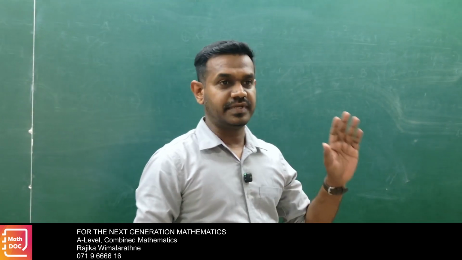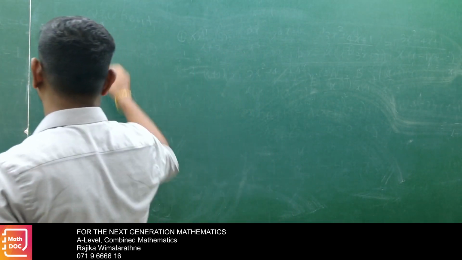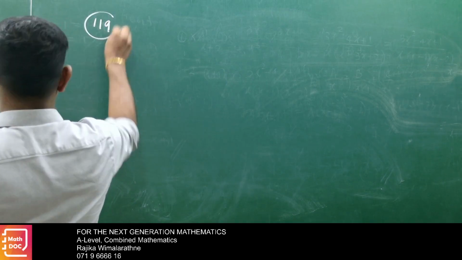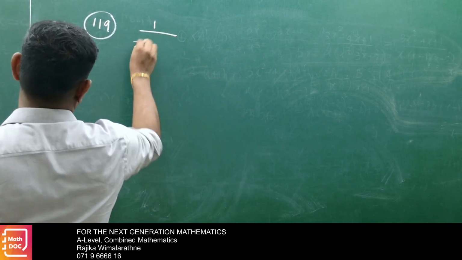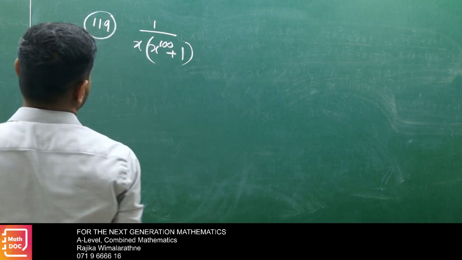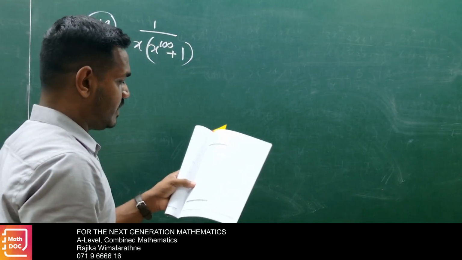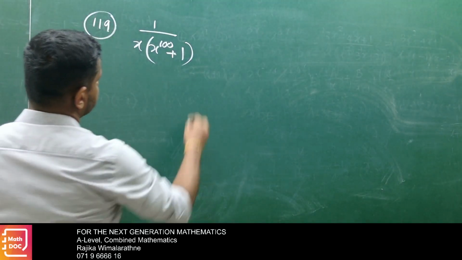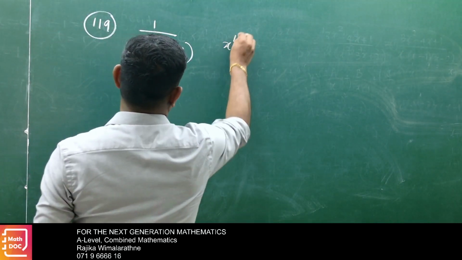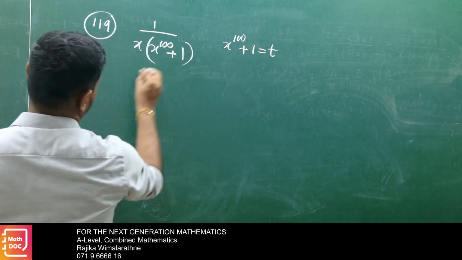Okay, by that experience, let's do another one. Question 119: 1 over x times (x to the power 100 plus 1). So I'll take x to the power 100 plus 1 equal to t.